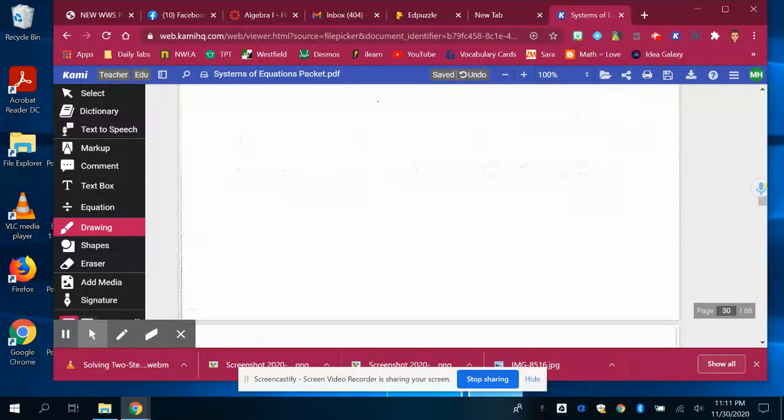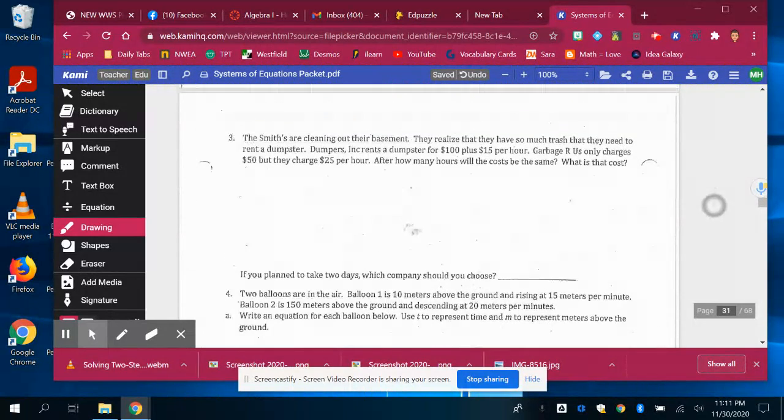All right, let's look at our next one here. Oh, I like number 3. Number 3, the Smiths are cleaning out their basement. They realize that they have so much trash that they need to rent a dumpster. Dumpsters Incorporated rents a dumpster for $100 plus $15 per hour.